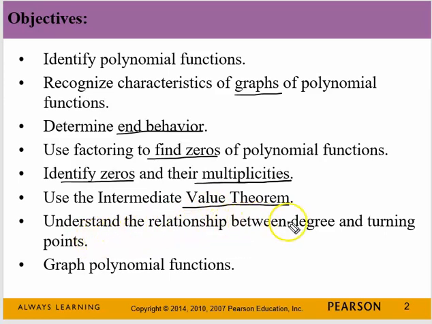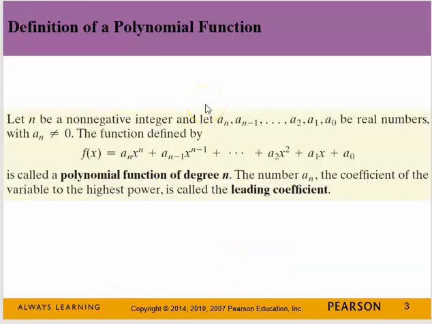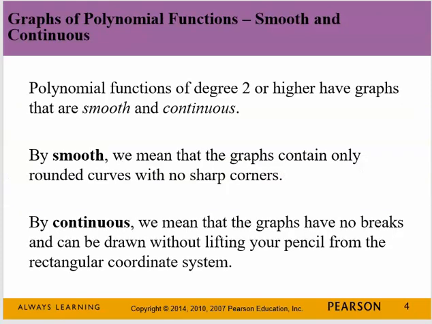Understanding the relationship between degree and turning points. Now again, that's that degree we just reviewed. And then graph a polynomial function. So here they're going over the definition of polynomial functions. Looks kind of complicated. We'll stick with what I used in the beginning.